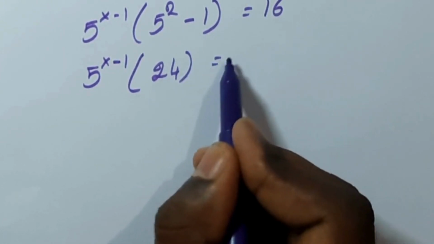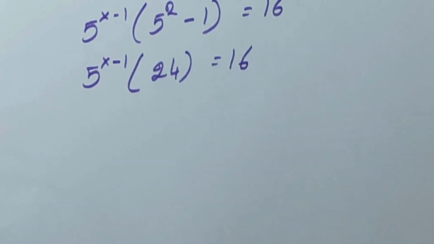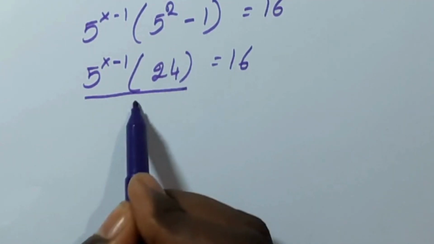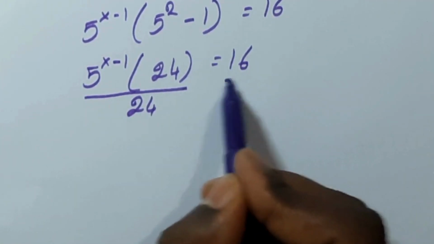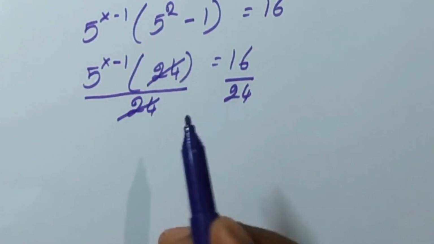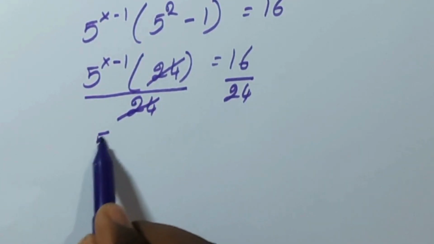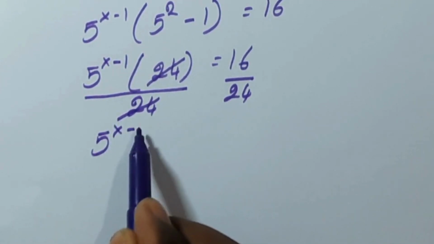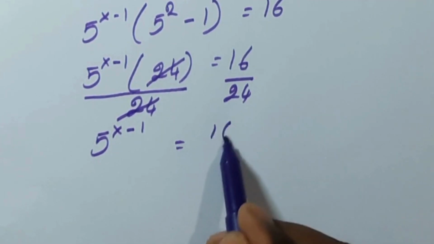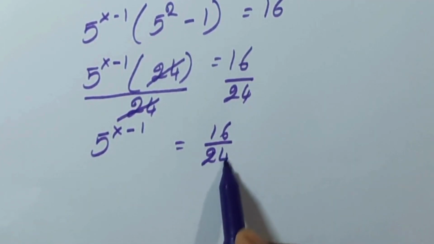24 equal to 16. Now divide on both sides by 24. So 24 by 24, this 24 cancels this. So we have 5 power x minus 1 equal to 16 by 24.